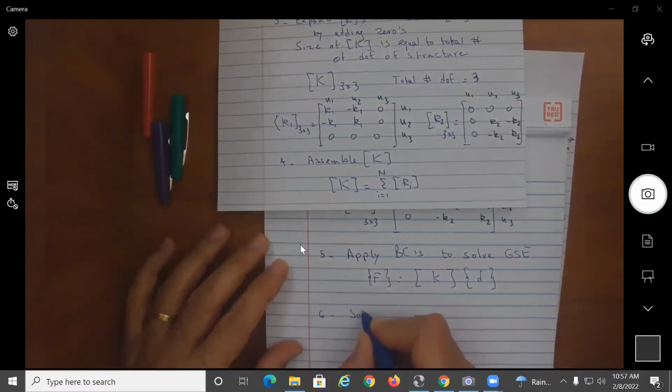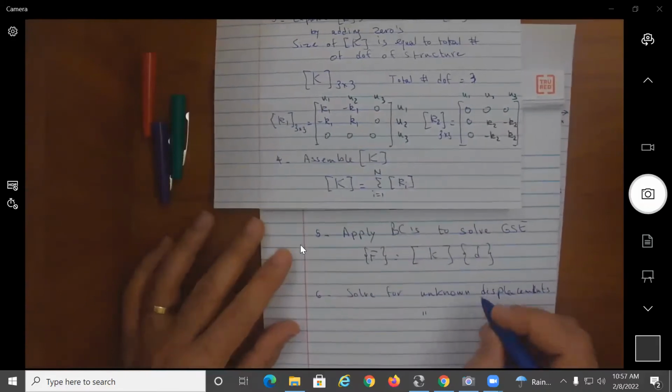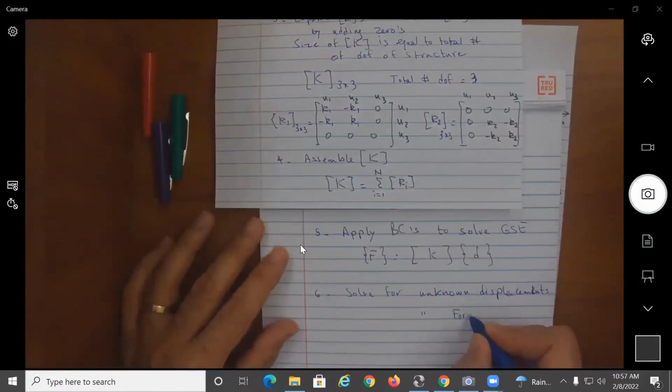You solve for unknown displacements and for the unknown forces, which could be sometimes the reactions.